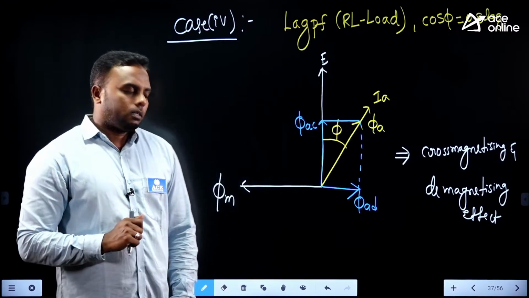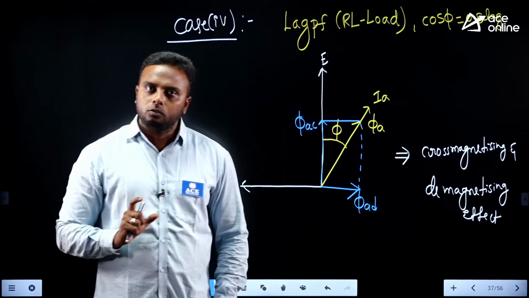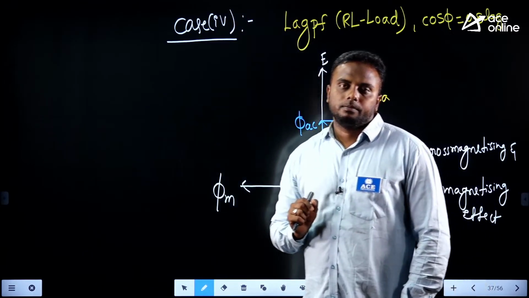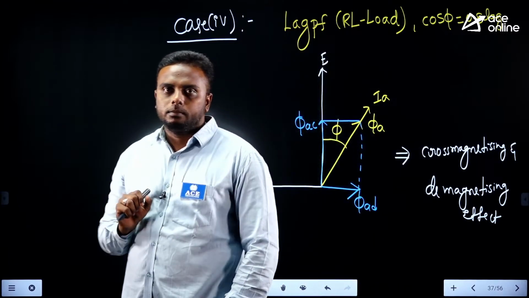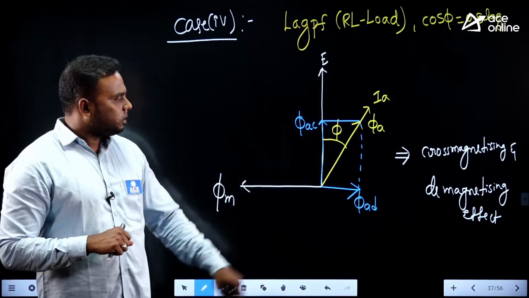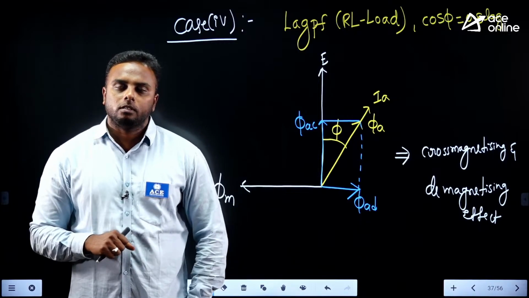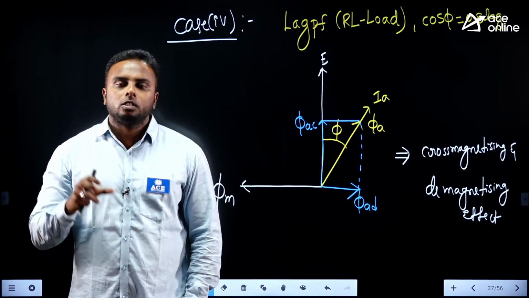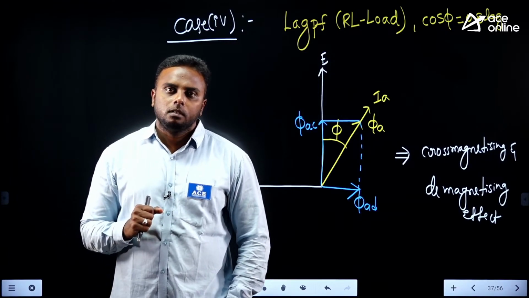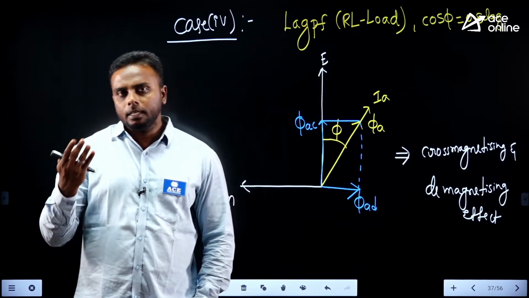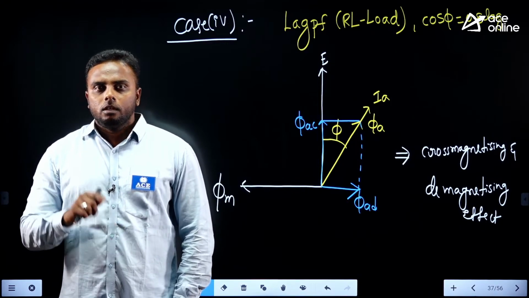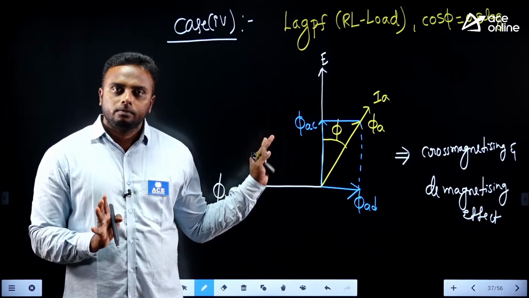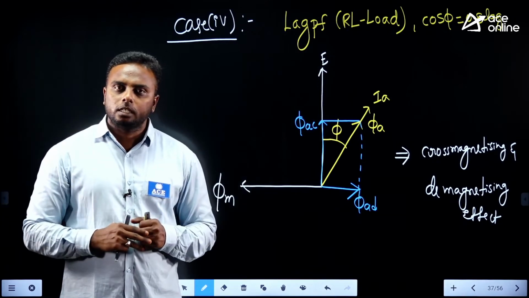Now tell me what excitation we should give to the alternator. Normal excitation is for purely resistive load. Now an RL load is there, L is added, an inductive load, so that's why we got an extra demagnetizing effect. As there is a demagnetizing effect, what should be the excitation of the alternator? Should we increase or decrease? Whenever there is demagnetization, some flux will reduce, but not as much reduction as before, only a little bit.